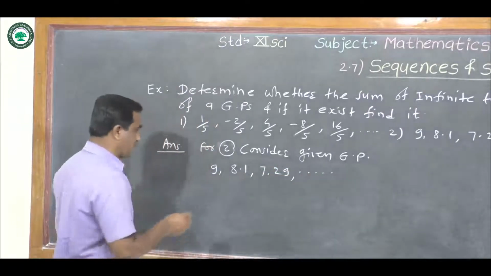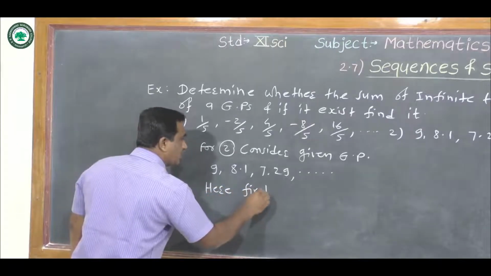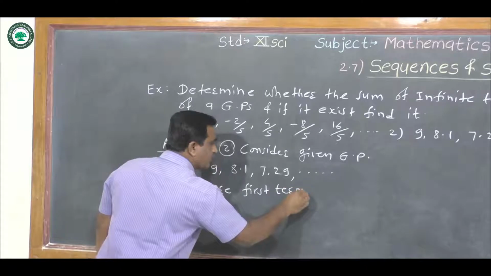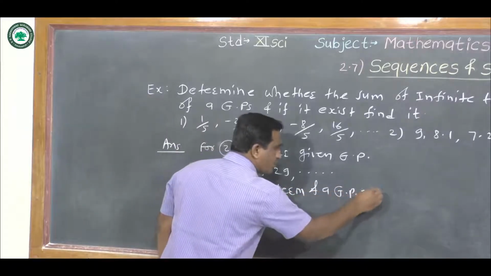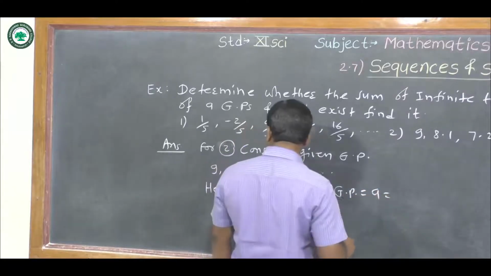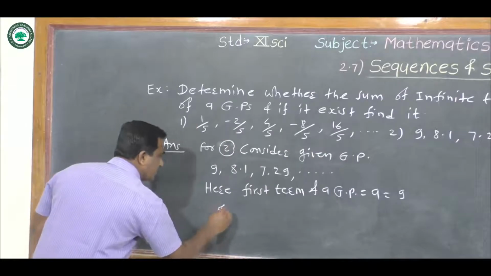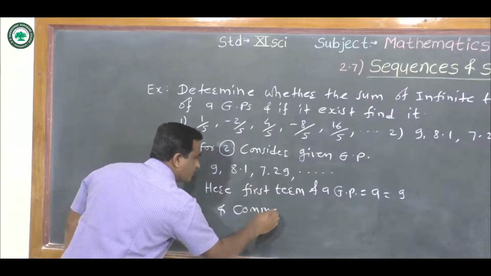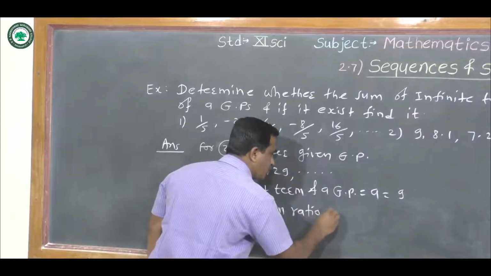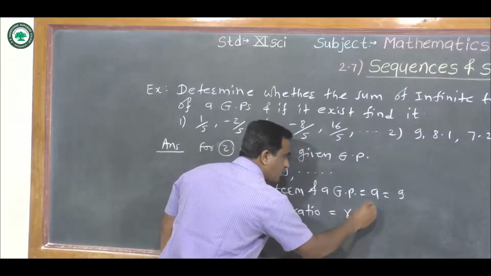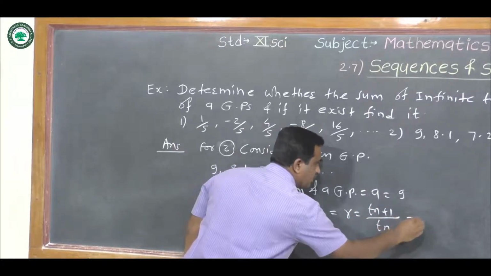Now here also, the first term of the geometric progression is A equal to 9, and the common ratio of the geometric progression is R equal to Tn plus 1 upon Tn.